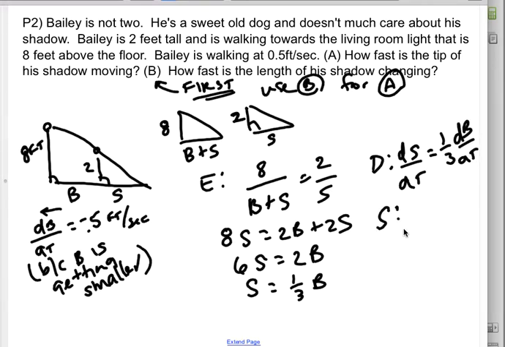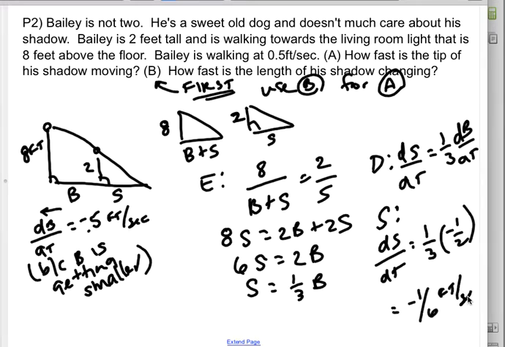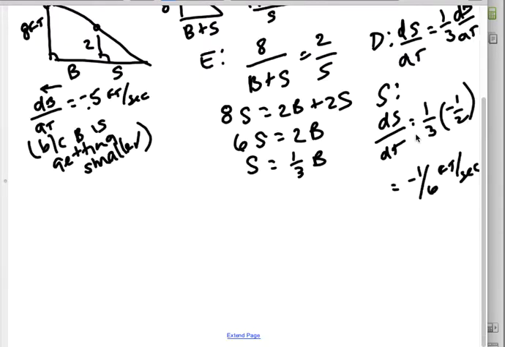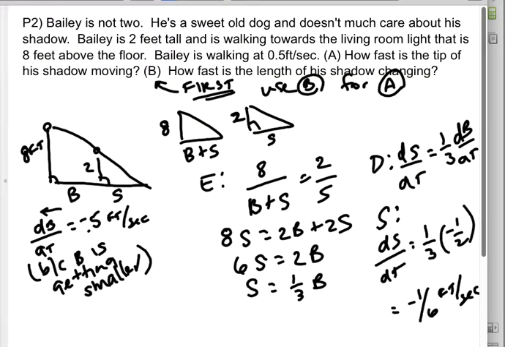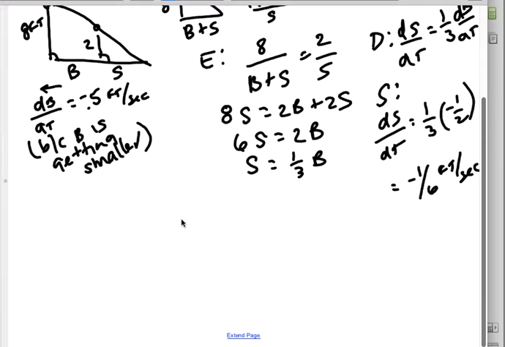So when I substitute in, the rate of change of the shadow is going to be 1/3 times this negative 1/2. So I'm going to get negative 1/6 feet per second. Now, I was asked how fast is the length of the shadow changing?